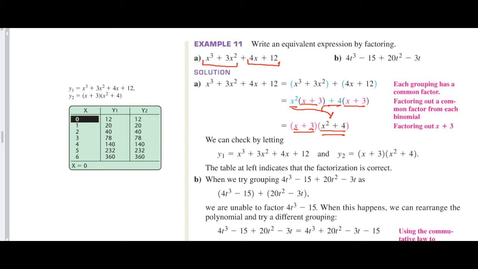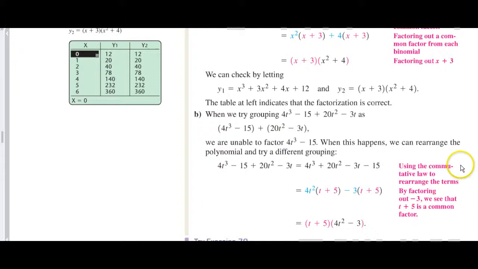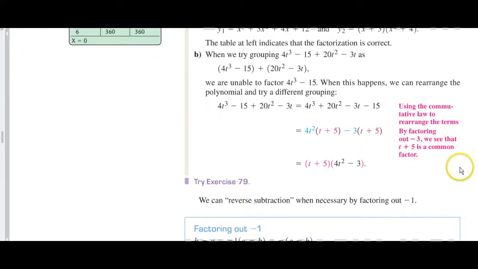All right, in example B, let's see if we can do this one here. If we keep it in the same form that is present there, let me raise it up a little bit so we can see the work here.